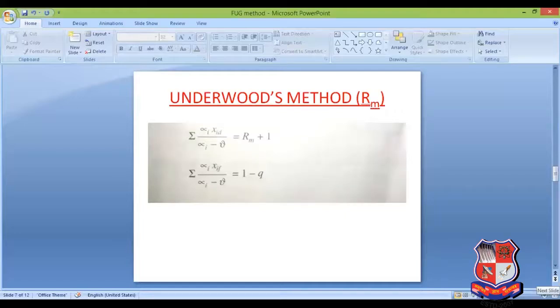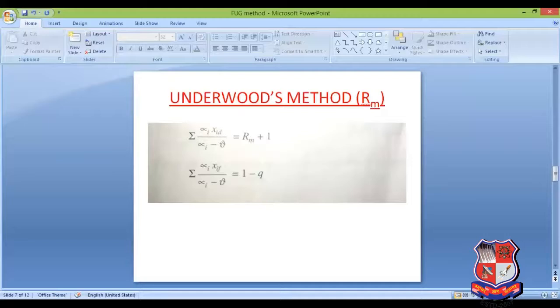Now at minimum reflux ratio, my question to you is, what will be the number of theoretical stages at minimum reflux ratio? Just take a pause and think.